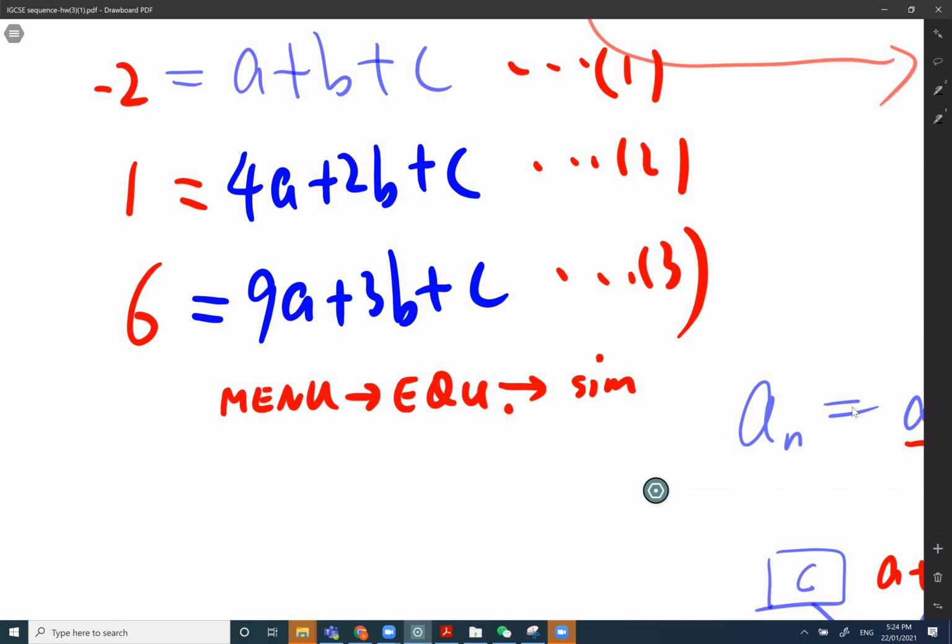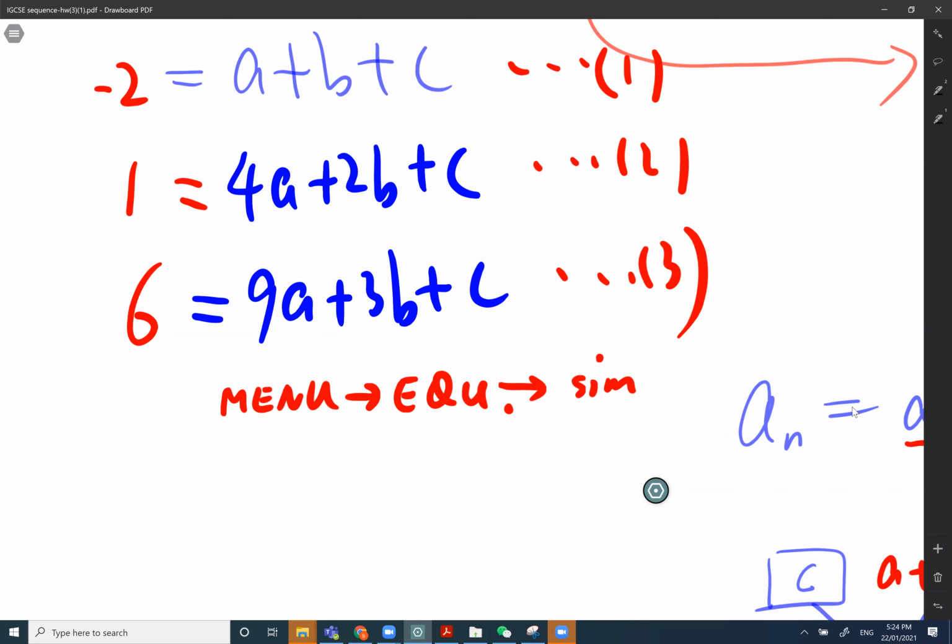Alina, just try some algebra way. Equation manual, number 5. Simultaneous, F1. We have 3 unknowns. You just input the values.